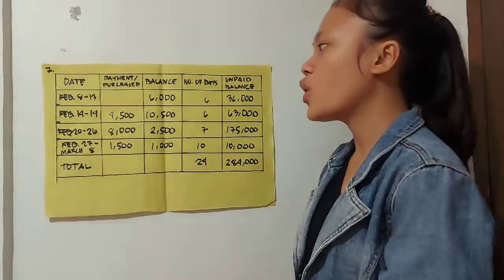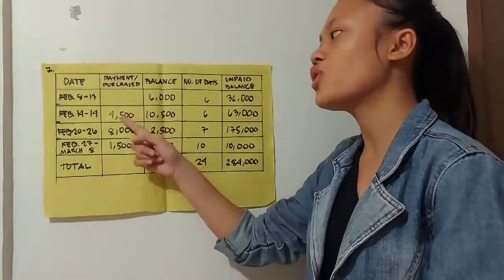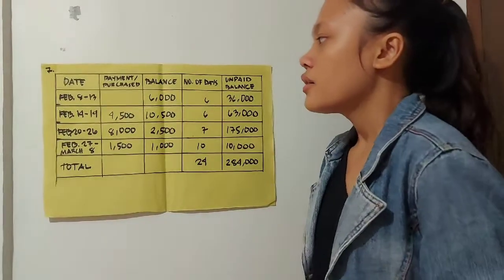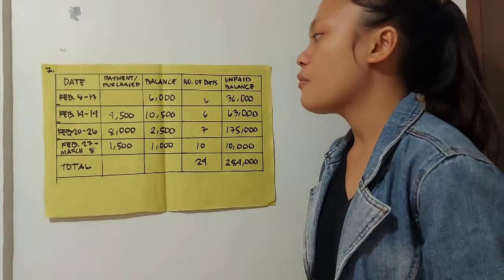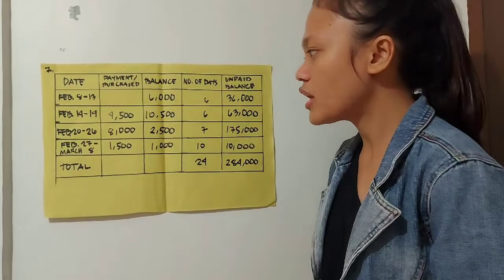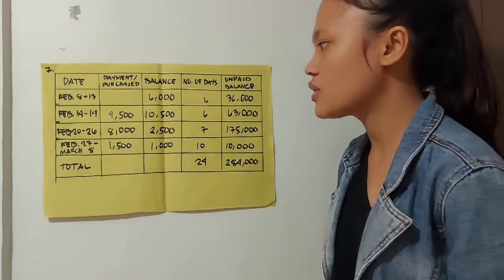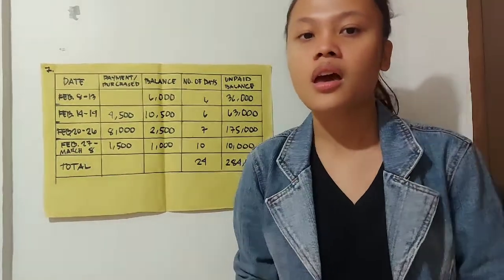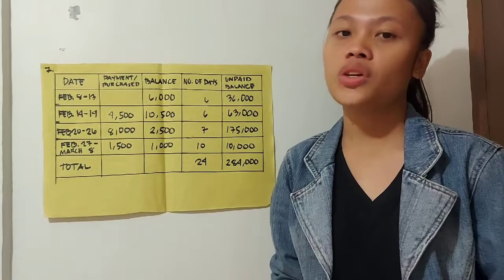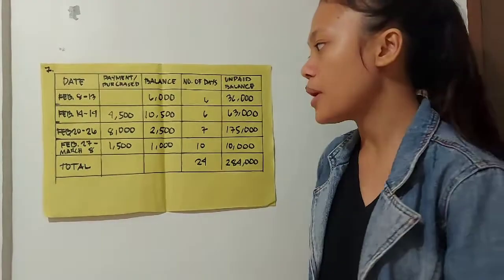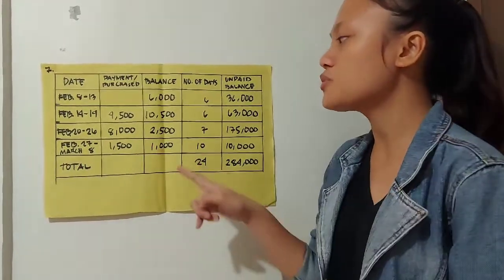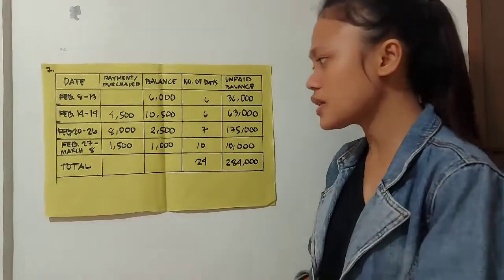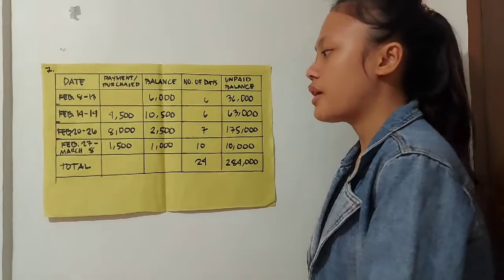So right now we are going to add 6,000 plus 4,500 to get the second balance, which is 10,500. While on February 20 to 26, he pays his issuing credit card company an amount of 8,000. So we need to subtract 8,000 from 10,500, which is equal to 2,500.